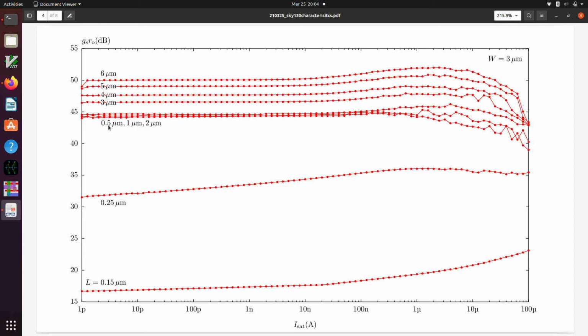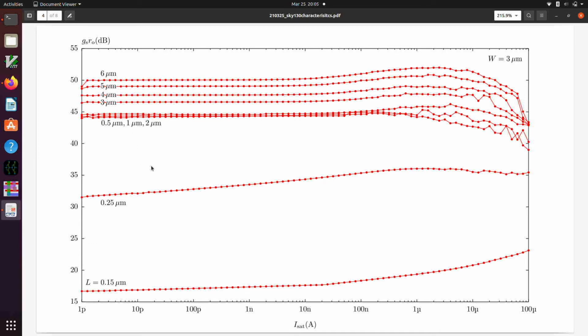The marginal improvement you get by increasing the channel length from 0.5 to 2 is almost negligible. So if you're able to get away with using something with an intrinsic gain in this band, I guess the message here is you go with a 0.5 micron channel length. You don't go with a 2 micron channel length. But then you pay through the nose if you want to get up to 50 dBs in terms of going from 0.5 to 6 microns.